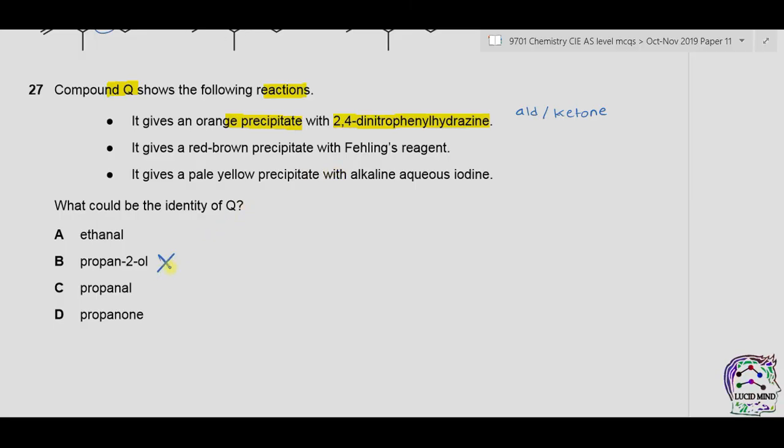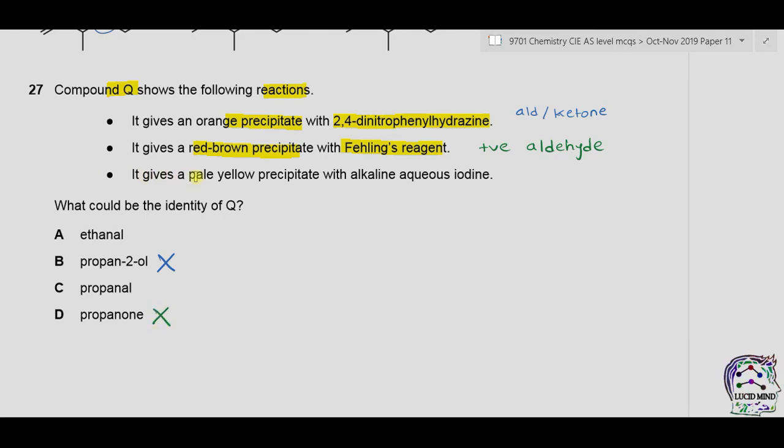So it is not alcohol, it could be aldehyde or ketone. Second is that it gives a red-brown precipitate with Fehling's reagent. Now Fehling's reagent gives a positive result with aldehyde and negative with ketone. So therefore it is aldehyde and not ketone.